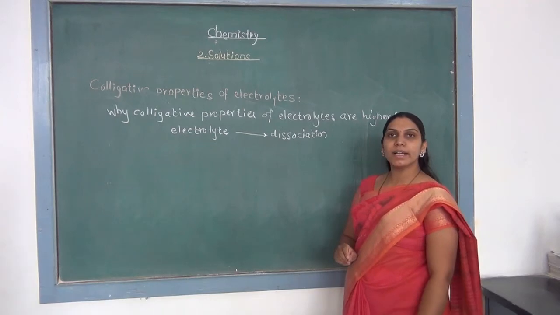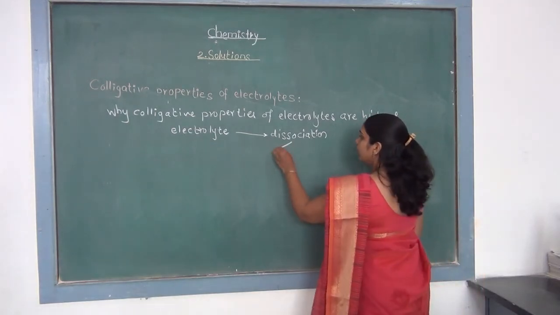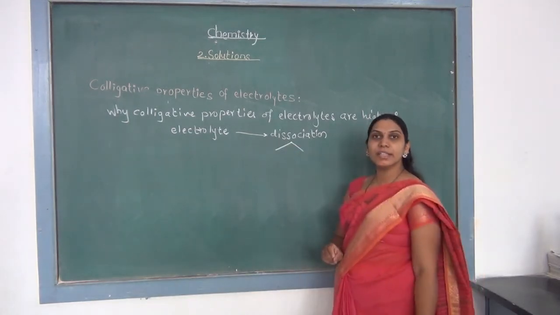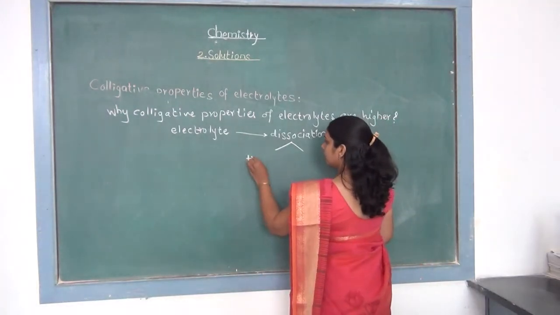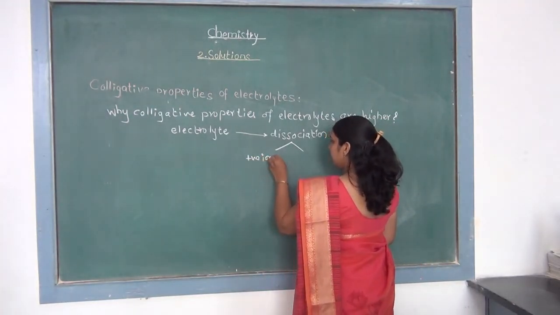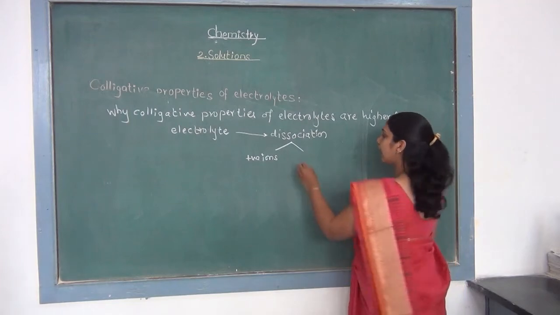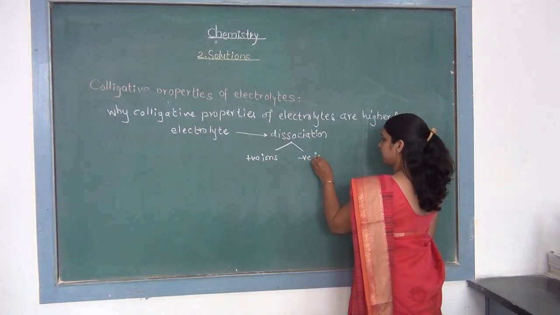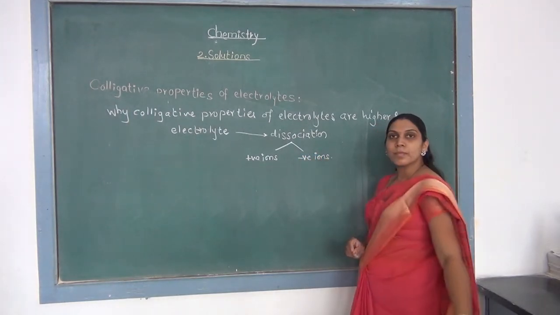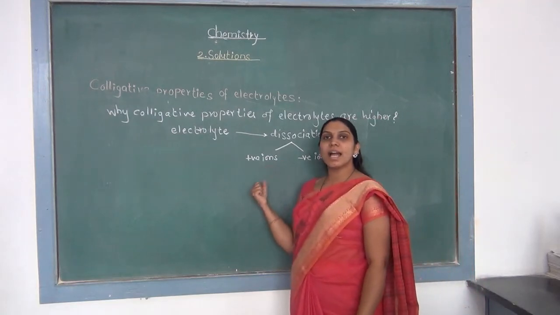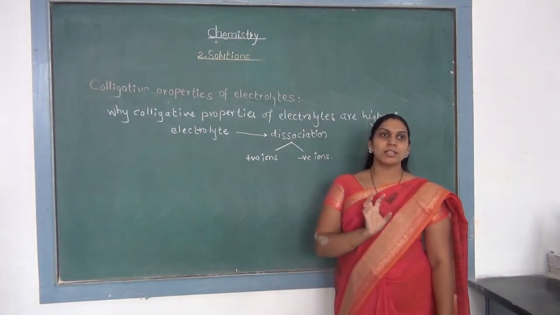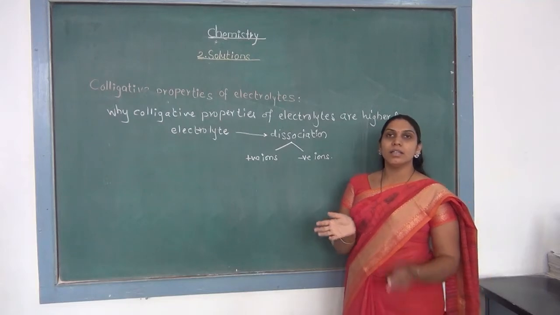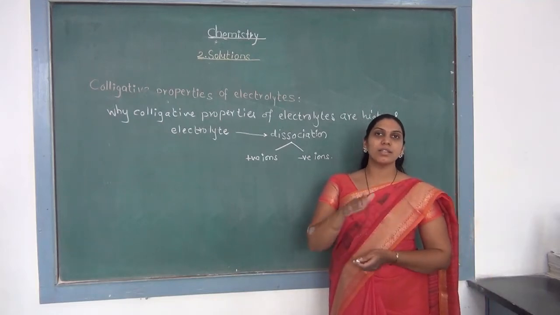As it dissociates, it forms positive ions and negative ions. As the ions are produced, we observe that the number of solute particles in the solution goes on increasing.